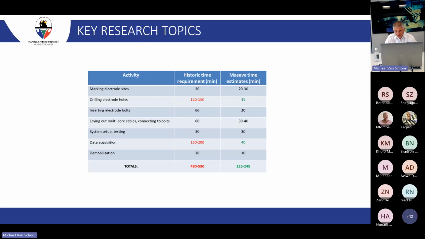Also, data acquisition is now a lot faster due to the modern multi-channel automatic resistivity systems that are available. And you can see there at the bottom the totals. A typical in-mine ERT survey took anything from 4 to 8 hours back in the day. And we showed that it's now quite possible to do an ERT survey, including site preparation, inside a single shift of maybe 4 hours or so.